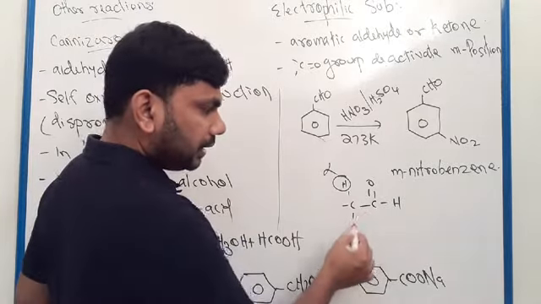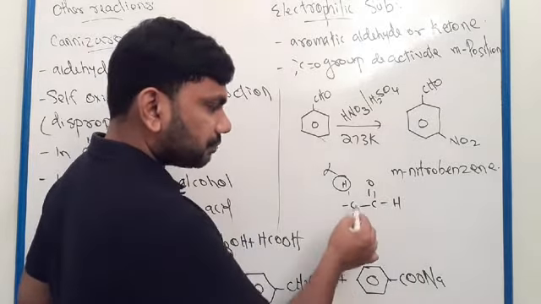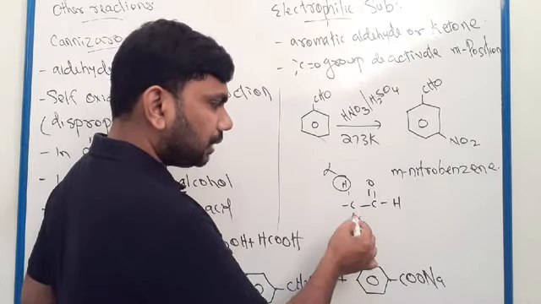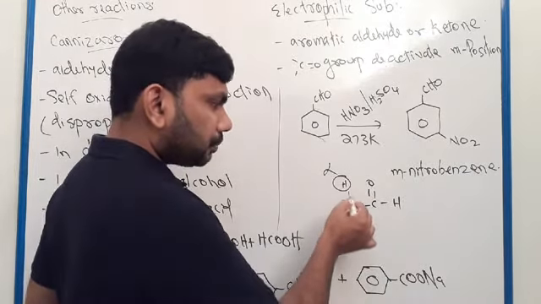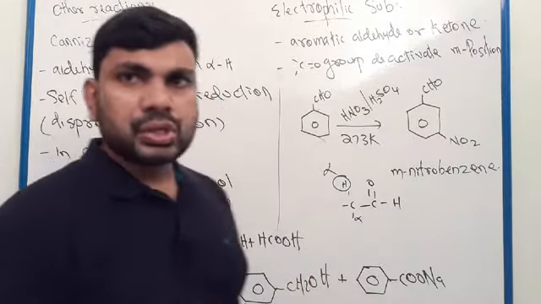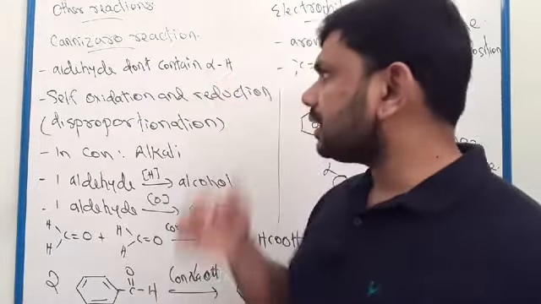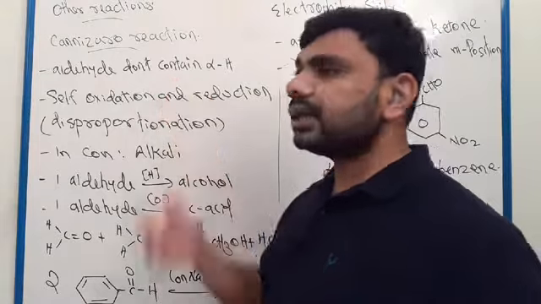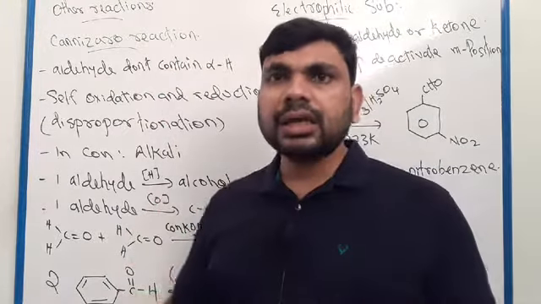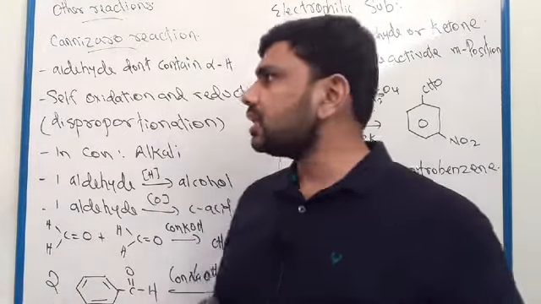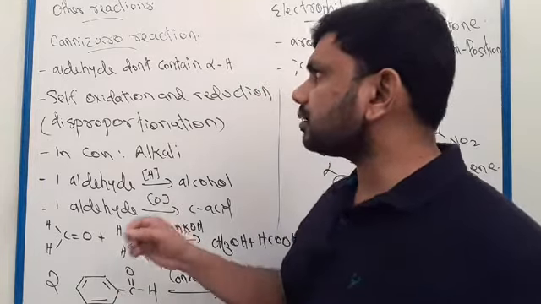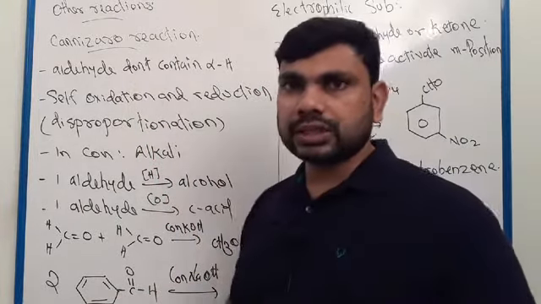In the aldehyde, this is the functional group, this is the first carbon, this is the alpha carbon, and the hydrogen on this carbon is the alpha hydrogen. So here the Cannizzaro reaction takes place when the aldehyde does not contain alpha hydrogen. Such an aldehyde undergoes the Cannizzaro reaction.